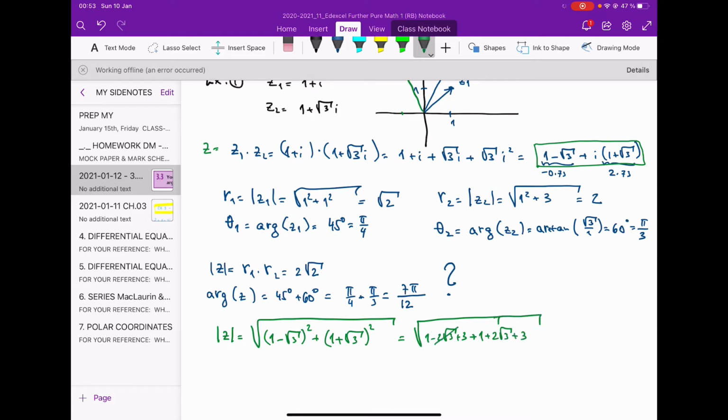So these two cancel out. So it would be root of 8, and root of 8 can be written as 2 root of 2. Which is exactly the same as this one.